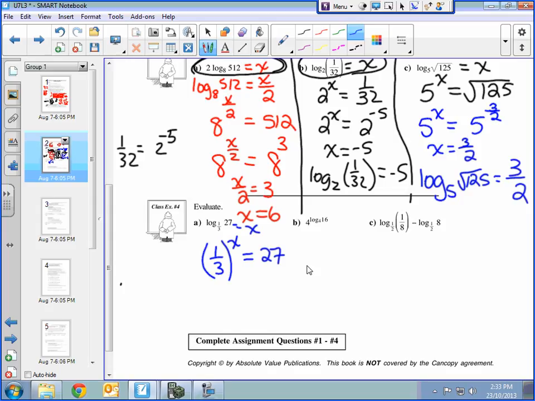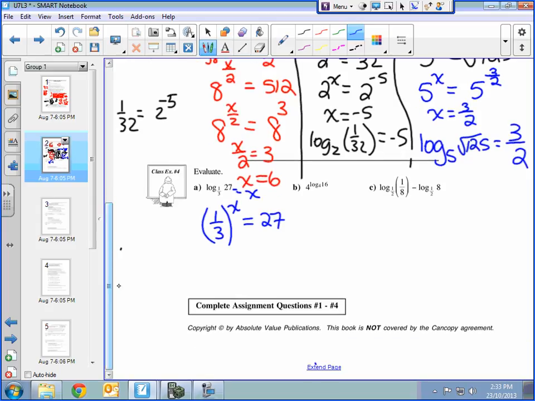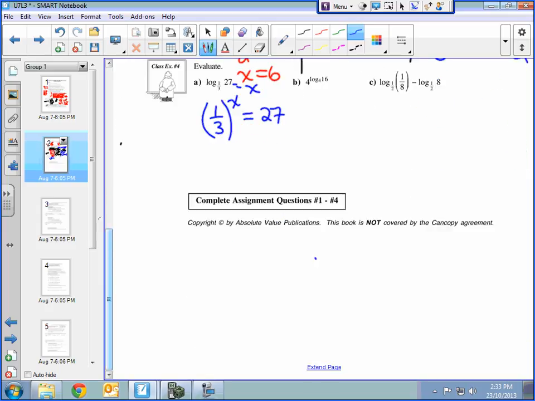So there's two different ways you could do this. You can either set both bases equal to 3 or both bases equal to 1/3. Whichever one you're comfortable with, I will do both and show you the difference between the two. Because some of you wouldn't like a base of 1/3. Some of you would think that's really weird. So if I were to set this as a base of 3, I would have a negative x, right?